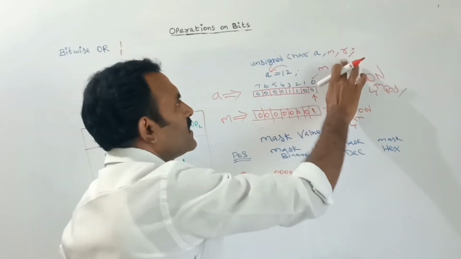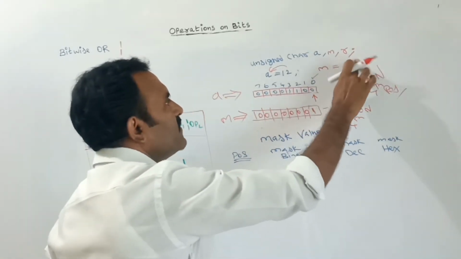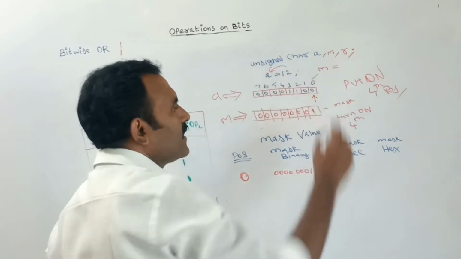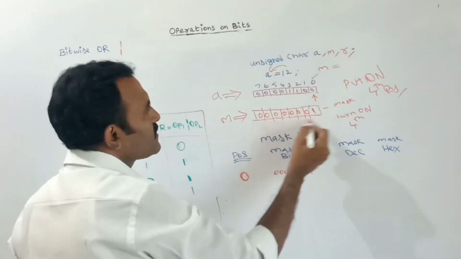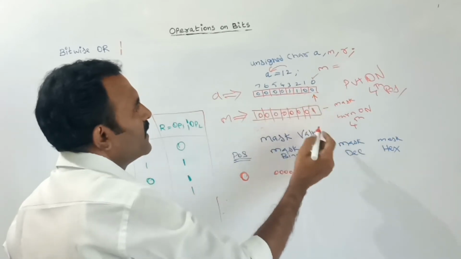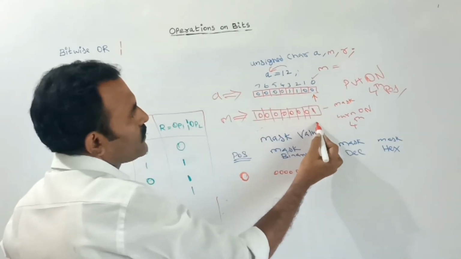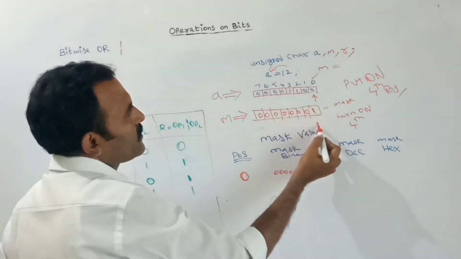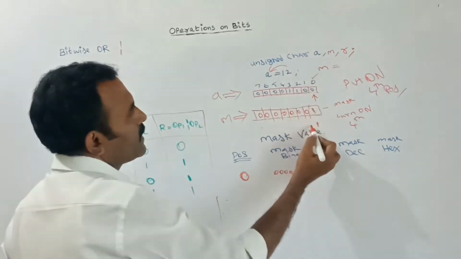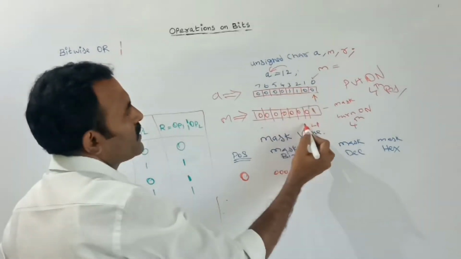After declaring the mask value, you should give it as decimal or hexadecimal. If you are giving the decimal value, what is the decimal value for this mask? We can convert like this. 2 to the power 0 is 1, 2 to the power 1 is 2, 2 to the power 2 is 4.